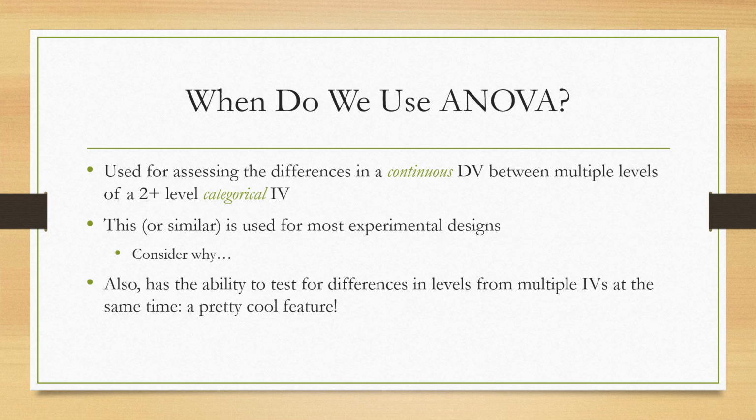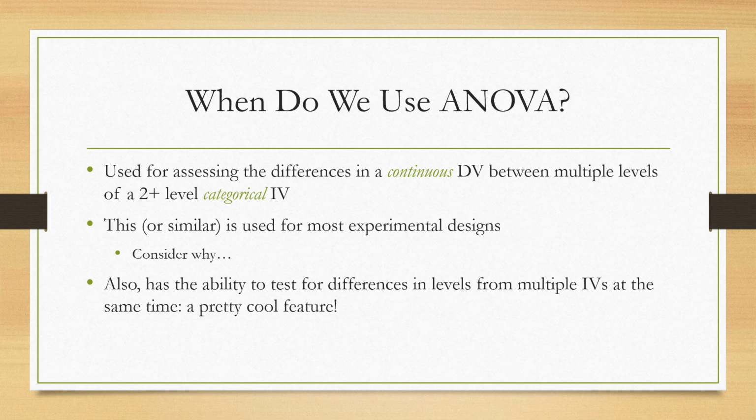Now, one other cool thing about ANOVA is that in addition to just testing more than 2 levels of a categorical independent variable, which is a previous limitation with Z and T, this also lets us test multiple independent variables at the same time. So when I say more than 2 levels, think instead of doing sex, I'm doing race, where I have multiple races, not just 2.